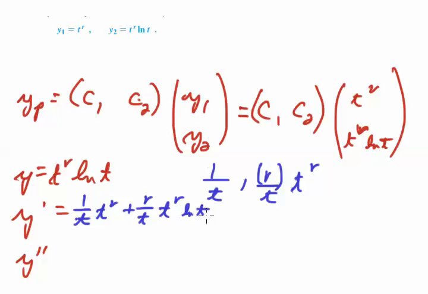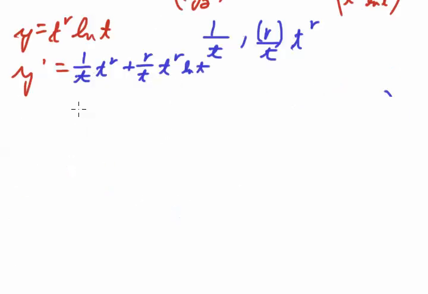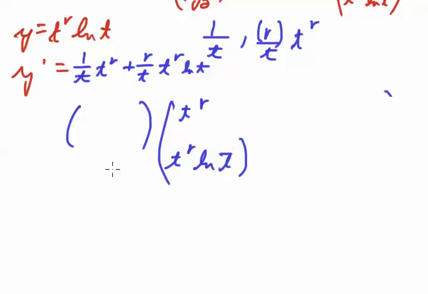Let's write that in vector form of t to the r and t to the r natural log of t. We would have 1 over t times the one and r over t times the other. So that is y prime, and let's just call this y2 prime so that we can distinguish.